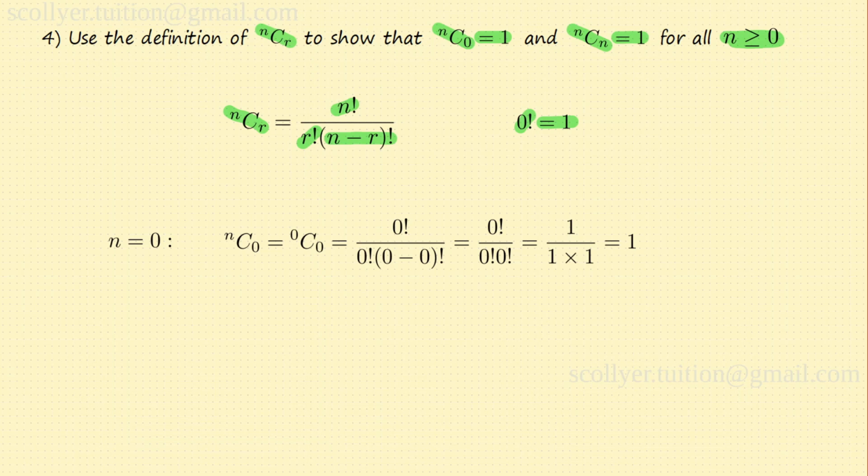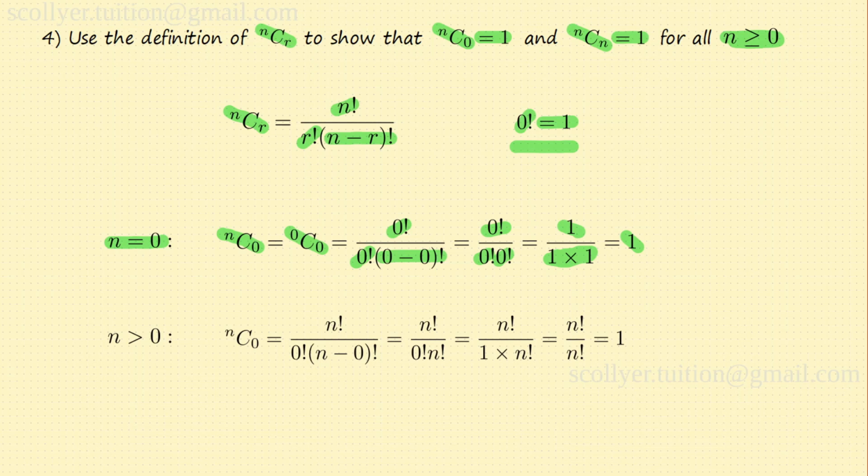So first, considering the case where n equals 0, we have n choose 0 equals 0 choose 0, since n equals 0, which from the definition becomes 0 factorial over 0 factorial times (0 minus 0) factorial, which is 0 factorial over 0 factorial times 0 factorial. And recalling this fact, 0 factorial equals 1, we obtain 1 over 1 times 1, which equals 1 as required.